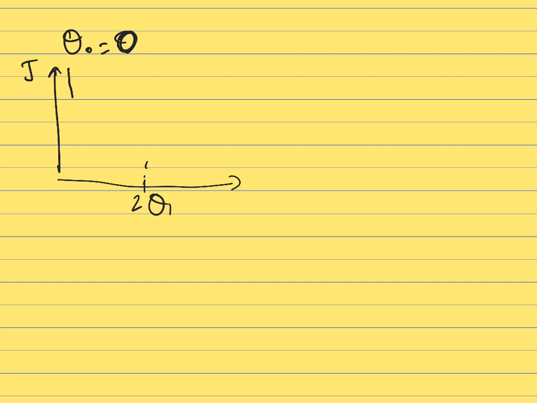Why? If, for example, I assume that theta naught is equal to 0, then I'm only going to represent the value of the cost function J as a function of theta 1. We know that the best value in this case for theta 1 is around 2. If I plot the cost function as a function of theta 1, it is going to look like this.